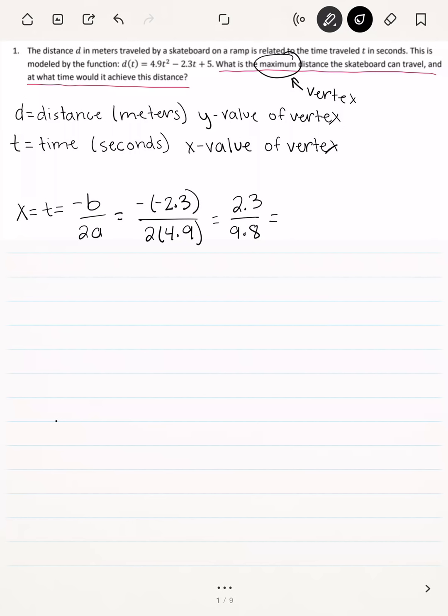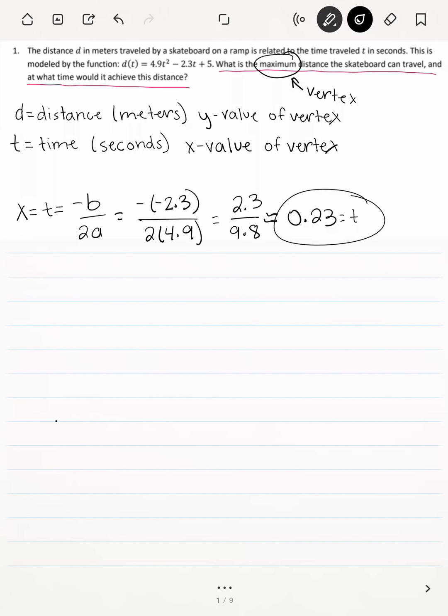When I plug that into my calculator and I round to the nearest hundredth, 2 decimal places, I get about 0.23. So about, and this would be how long it took to travel the maximum distance. So this would be my time, so equals my t.